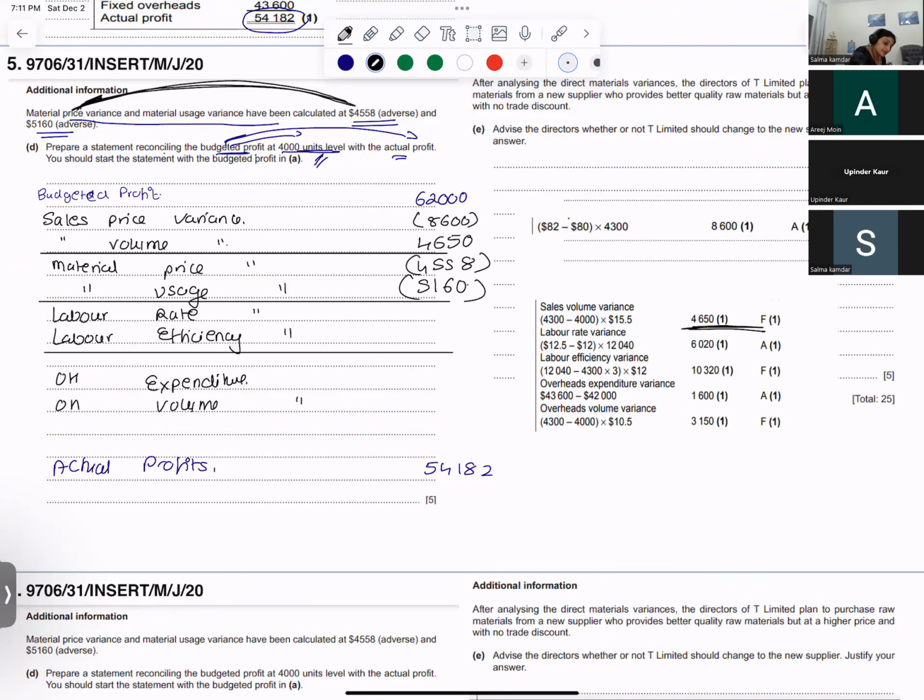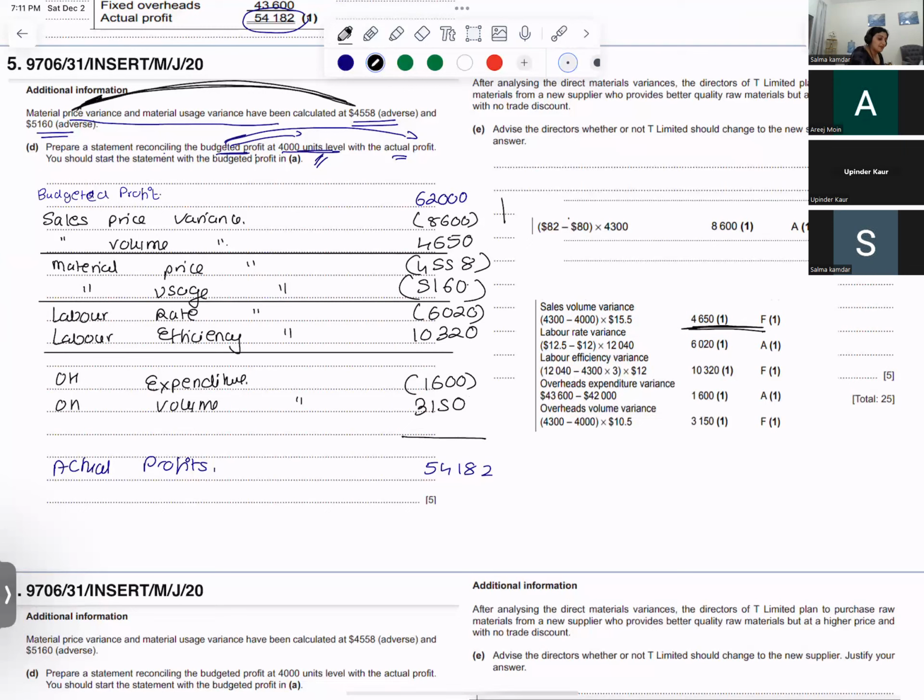Labor rate variance. 6,020 adverse. What is favorable without bracket? Overhead expenditure variance. 1,600 adverse and 3,150 favorable.